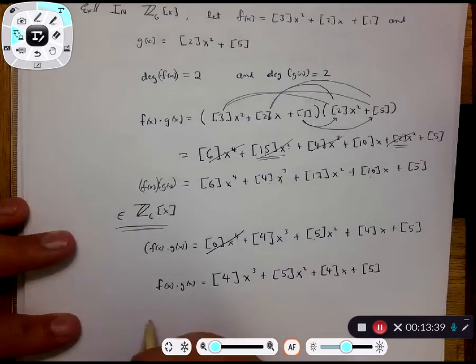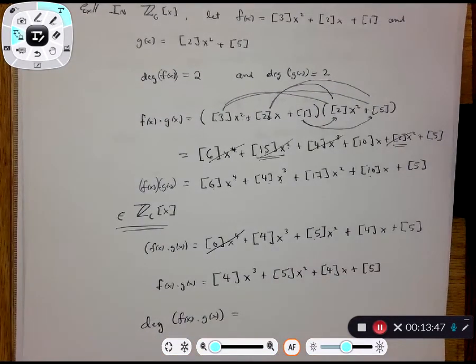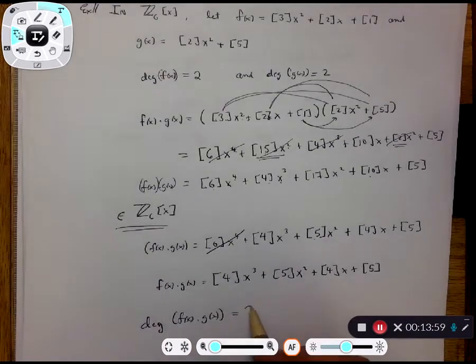And then I ask you the question, what is the degree of f of x times g of x? Well, because of those darn zero divisors, because Z6 is just a commutative ring with identity, when I multiply my two leading coefficient terms, they knock each other out and give me 0, which now makes the degree of f of x times g of x equal to 3.